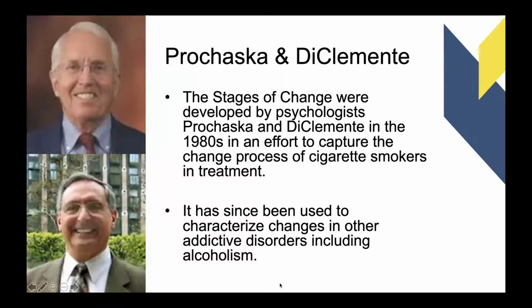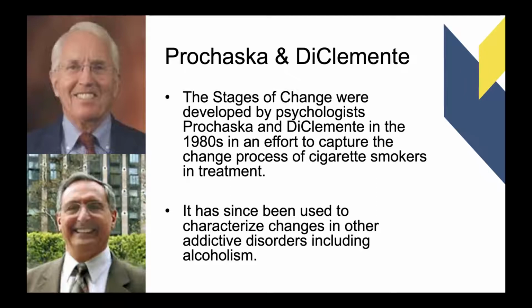Prochaska and DiClemente are well known for developing the stages of change model in the 80s, which was an initial effort to capture the change process of cigarette smokers. And it has been used since to look at change in other addictive disorders, including alcoholism and even with medical issues.